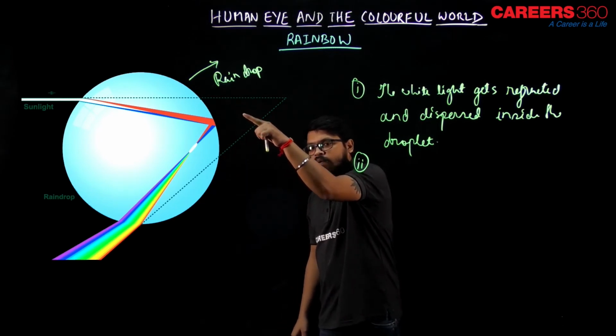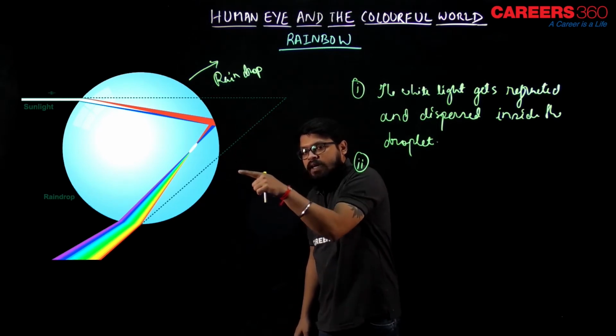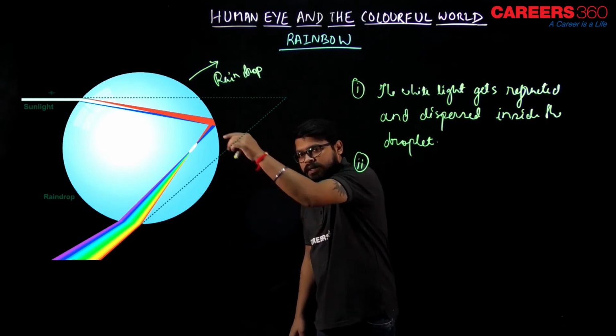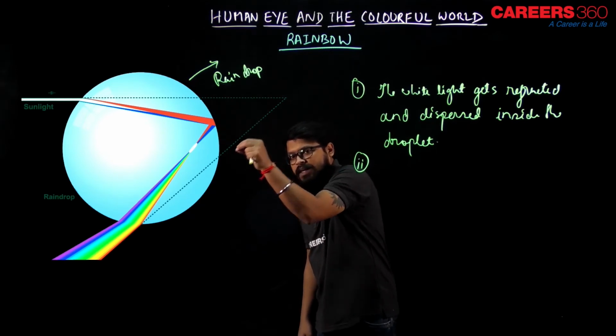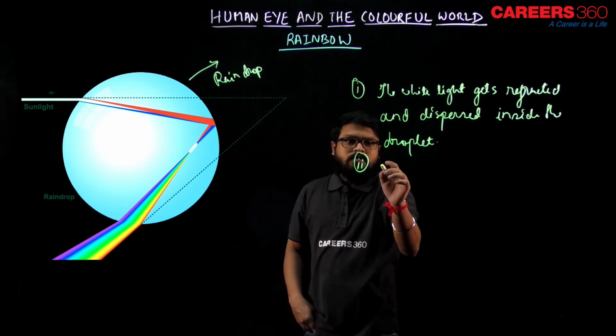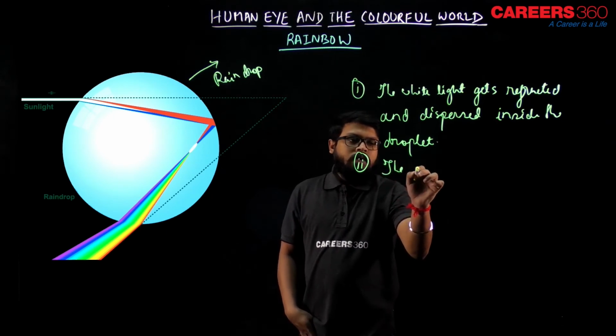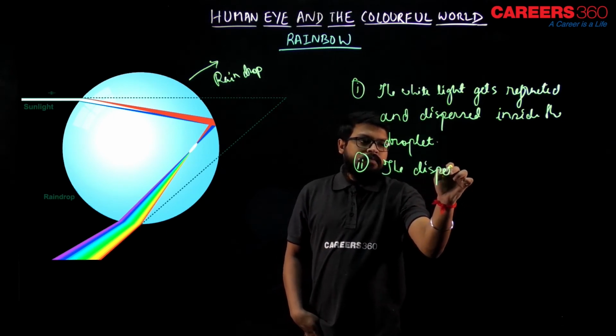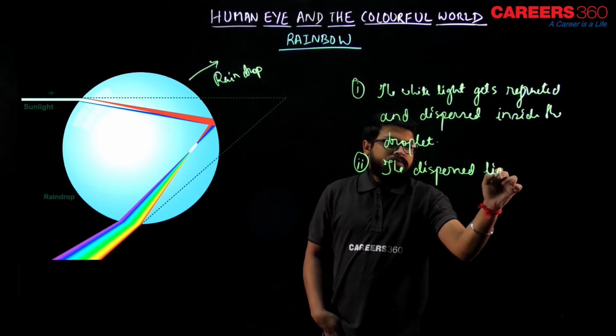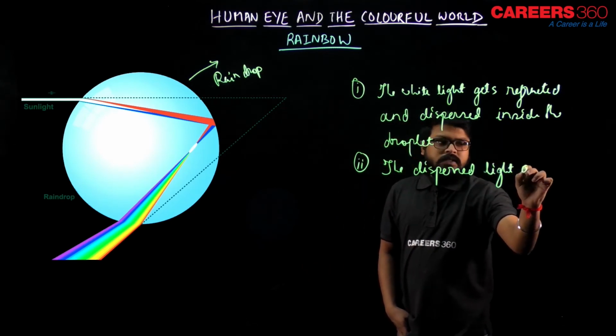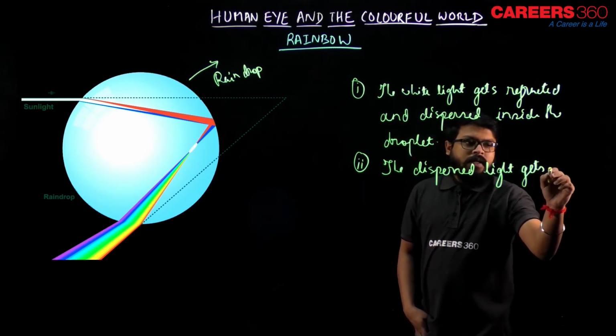As you can see, at the inner wall of the water droplet, the dispersed light gets internally reflected.